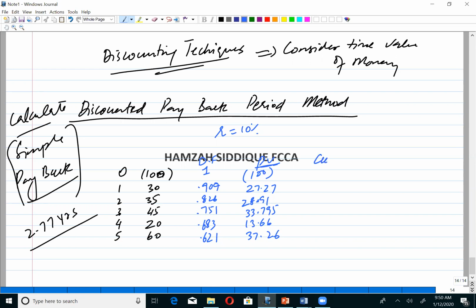Now we will make a cumulative cash flows column from it. So 100 negative, 27.27 received, so 72.73 negative. Now this received 28.91, so 43.82 negative. Now this received.